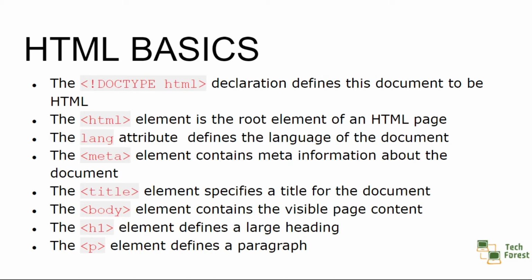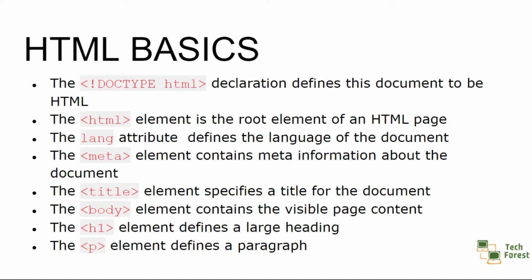The second tag is the HTML tag. The HTML tag is the root element of the HTML page, which tells the web browser that the content or code is written in HTML. The next is the attribute lang that I have written in the HTML tag after giving a space, that is lang equal to en.